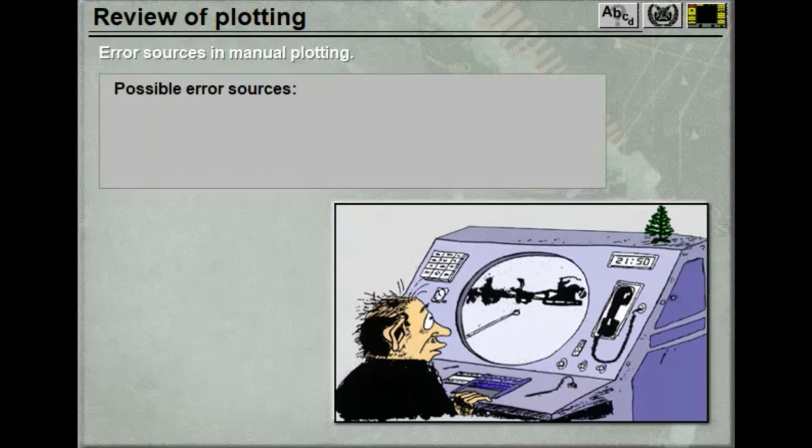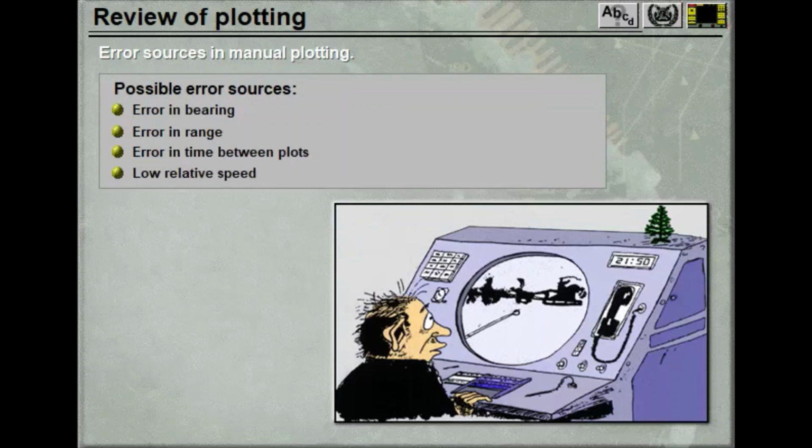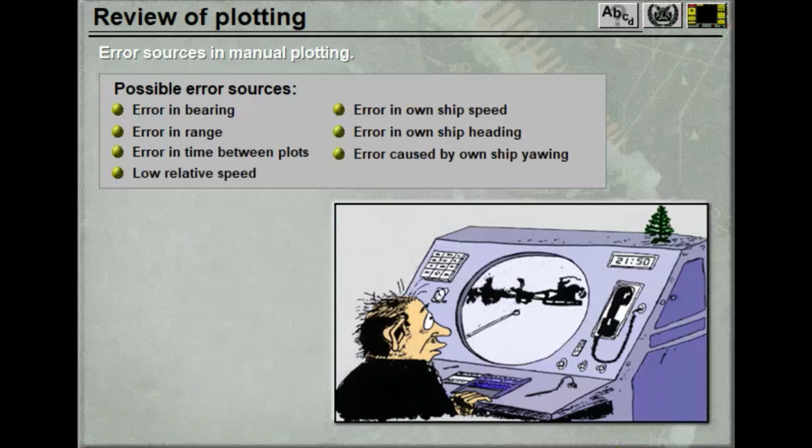Here is a list of possible error sources which may affect manual plotting: error in bearing, error in range, error in time between plots, low relative speed, error in own ship speed, error in own ship heading, error caused by own ship yawing, error due to own ship manoeuvring.